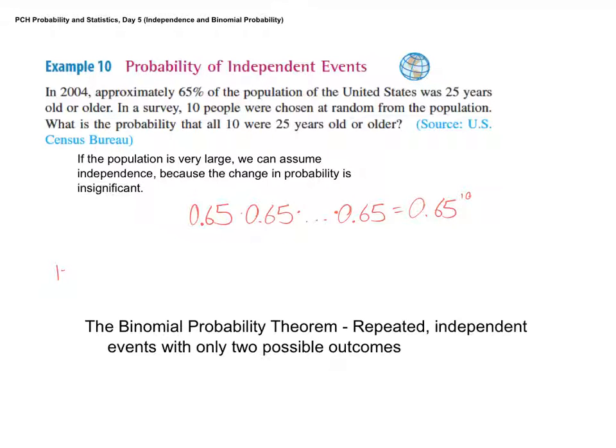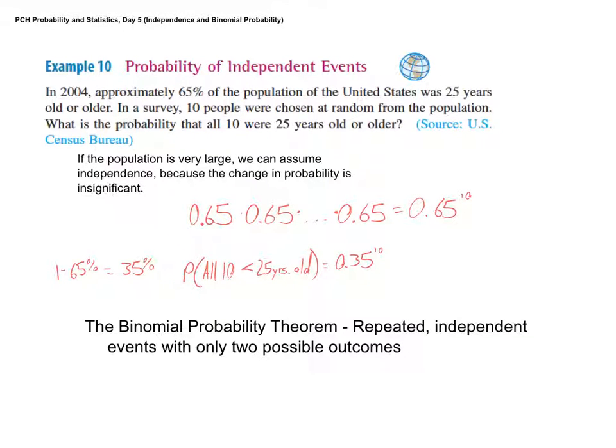So yeah, 1 minus 65% would be 35%. Okay, so the probability of getting all 10 less than 25 years old is going to be 0.35 to the 10th.